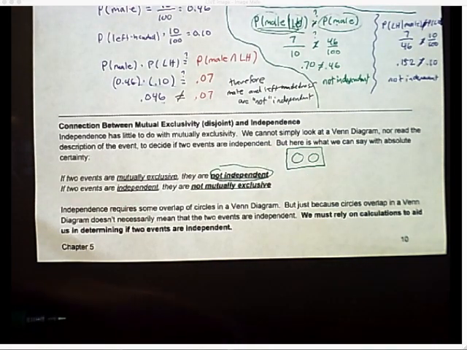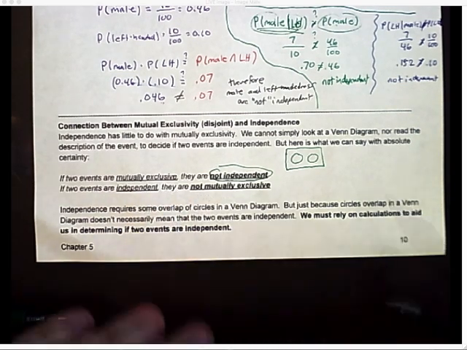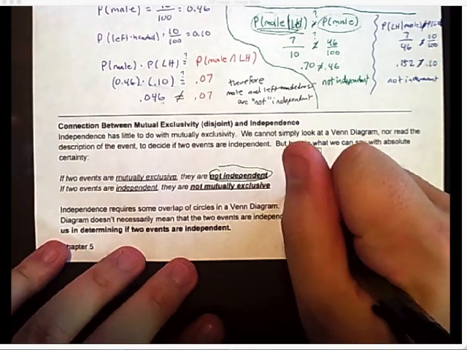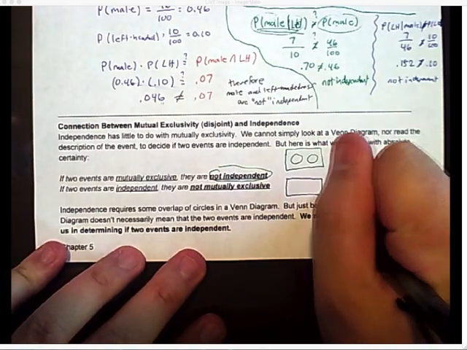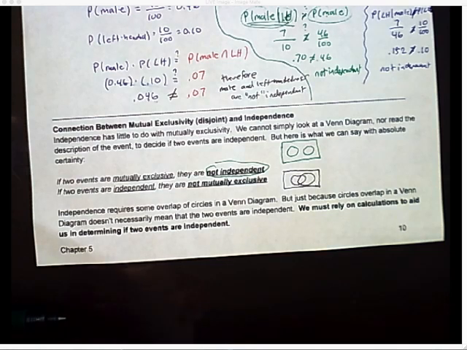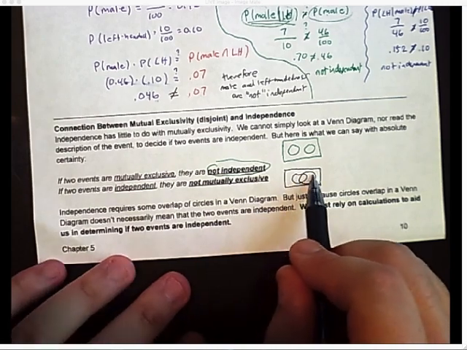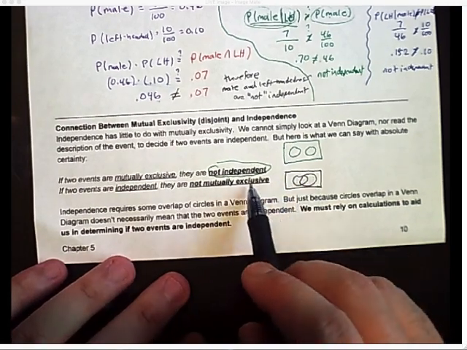Now, if they tell me that 2 events are independent, they are not mutually exclusive, which means that if I know 2 events are independent, there has to be some overlap of the circles. But not every Venn diagram where 2 circles overlap means that there's independence.